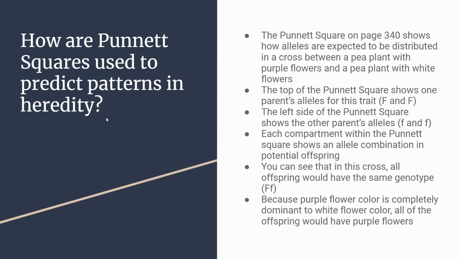So that F on the left can give a capital F to the 2 boxes below it. That's it. And then the F on the right can also only give a capital F to the 2 boxes below it. Okay, do you see that? Do you see how that purple arrow is pointing down?